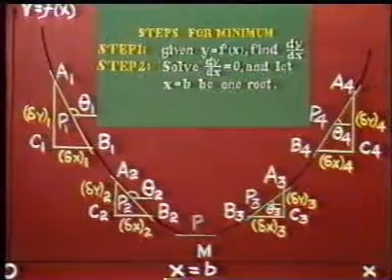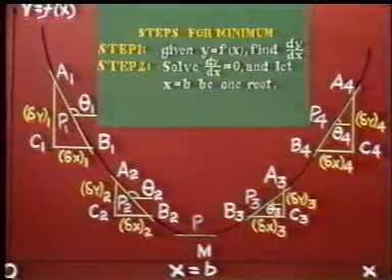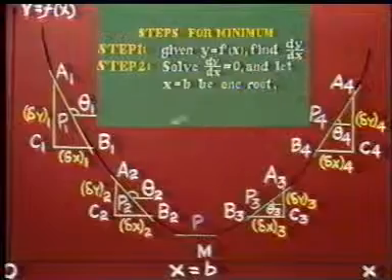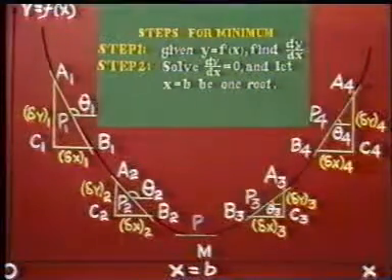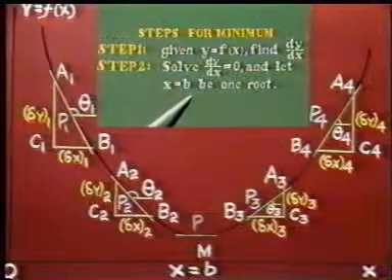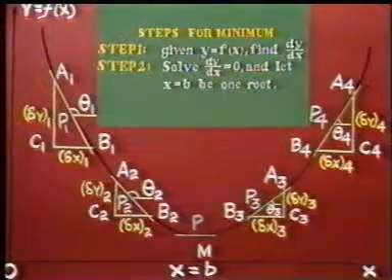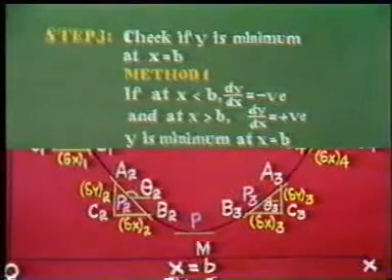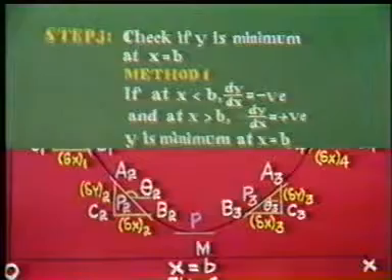Steps for minimum. Step 1, given y equal to f(x), find dy upon dx. Step 2, solve dy upon dx equal to 0 and let x equal to b be one root. Step 3, check if y is minimum at x equal to b.